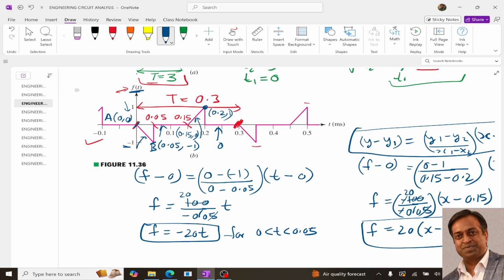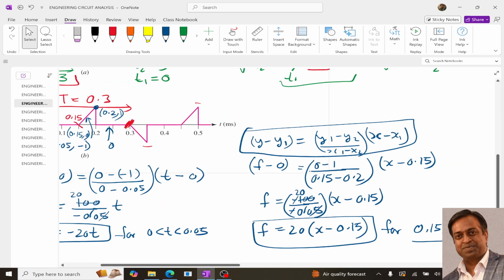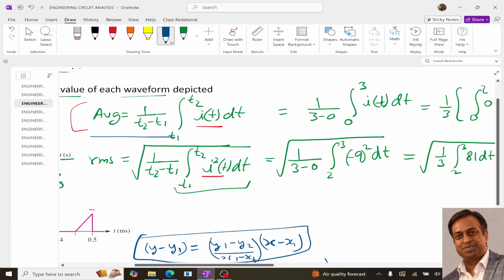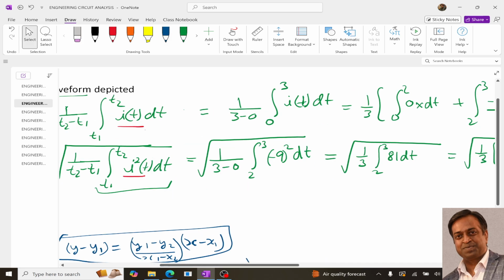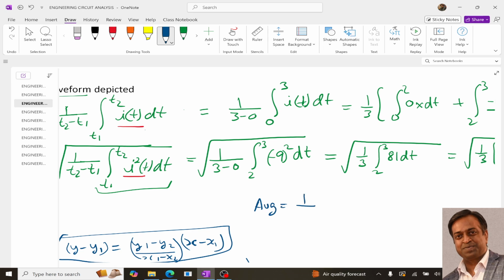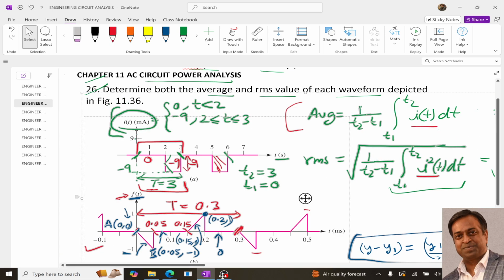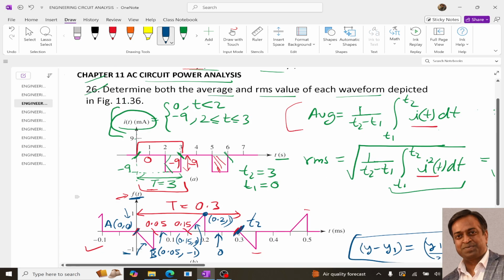Now substituting this value in the equation, so again the average formula, right? Following the average formula, what formula I will get? I will get average is equals to 1 upon t2 minus t1. So it is t2 minus t1, so it is our t2, this is 0 is my t1, right?